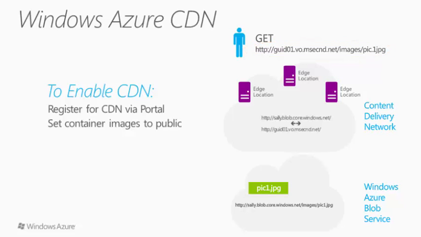And let's say that your user calls for this image. He will call the closest edge location. Why? Because Microsoft will try to map the exact user location with the closest CDN node. You do not need to pay attention to this magic.